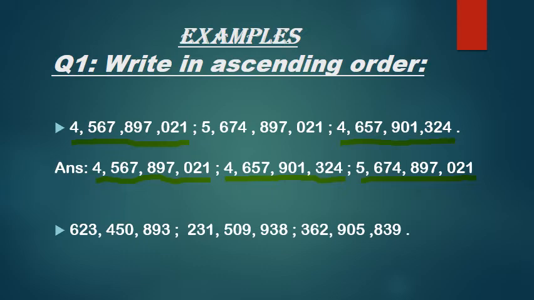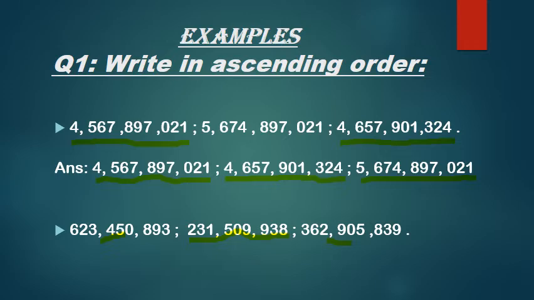In another example, we have 231,509,938, that is lesser than the other two numbers.